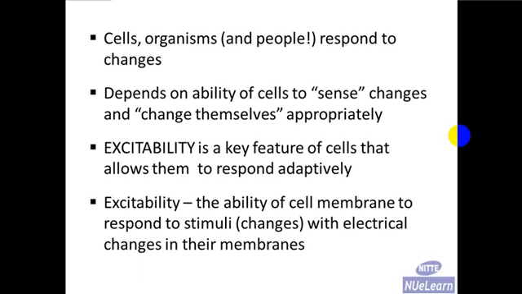This ability of some cells to respond with changes in their membrane potential plays a key role in their ability to function as signaling cells like neurons, or contractile cells like muscle cells, or for that matter, in a vast majority of cells, the changes in their cell membrane potential is associated with functional changes, and therefore the way in which these cells respond to stimuli, respond to changes in the external environment.